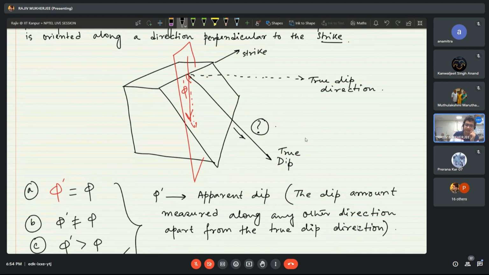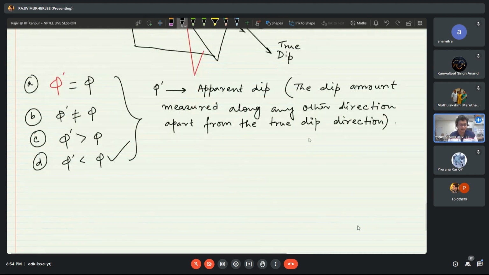Any guess? The answer, I can tell you, or it can be your extra assignment. You can tell me the answer. I'm giving you a hint.